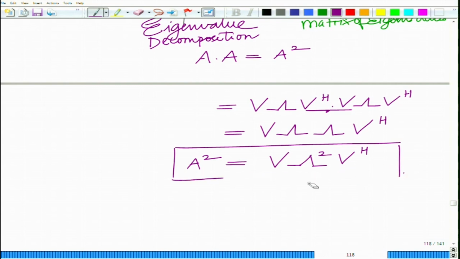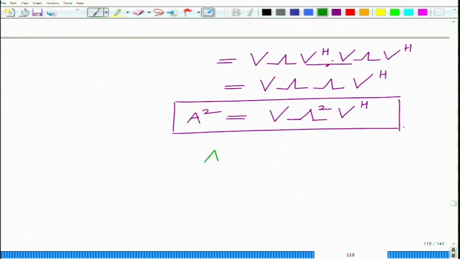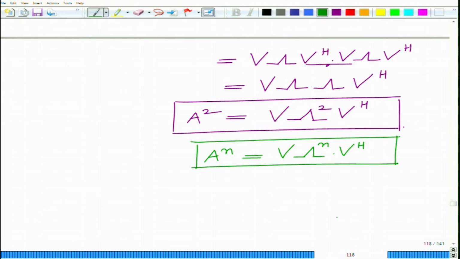Similarly, you have many other interesting properties. For instance, you can generalize this: A raised to m for this Hermitian symmetric matrix is V lambda to the power of m V Hermitian, and lambda to the power of m is easy to compute since it is a diagonal matrix. It contains each lambda i raised to the power of m on the diagonal.